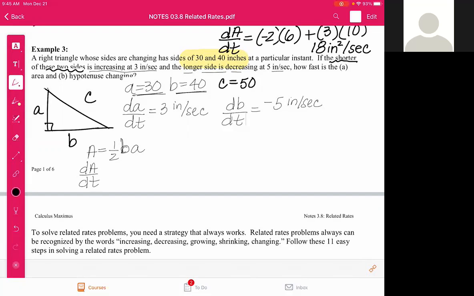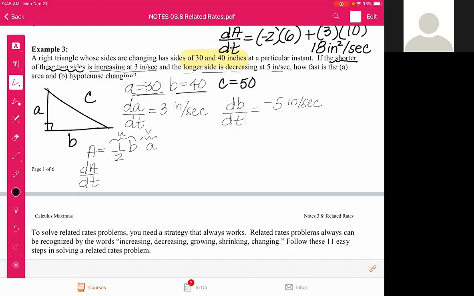So what I'm going to do is put the 1/2 with the B. So that's your U. And then times A. This is your V.